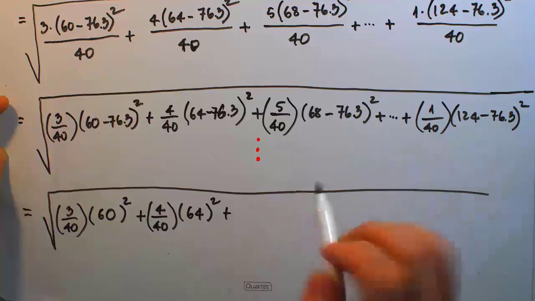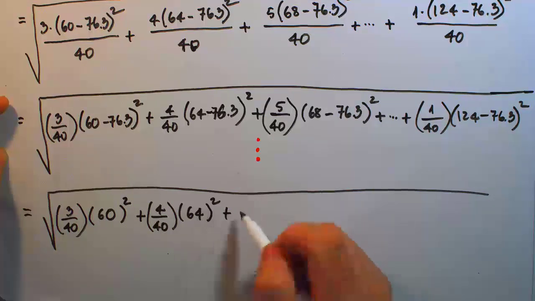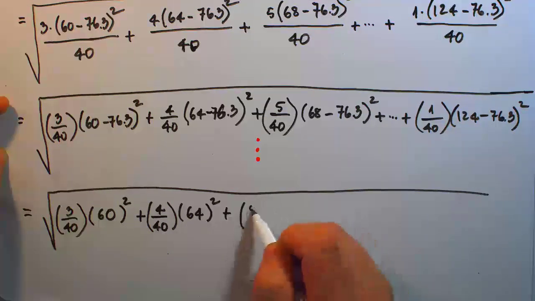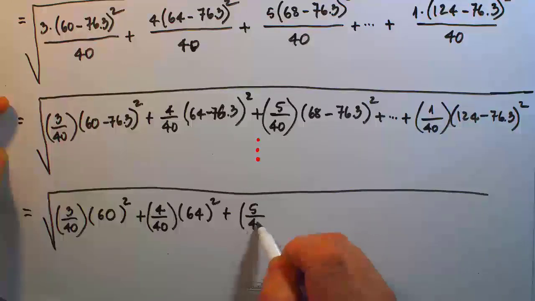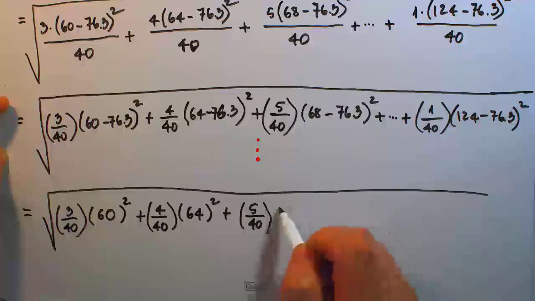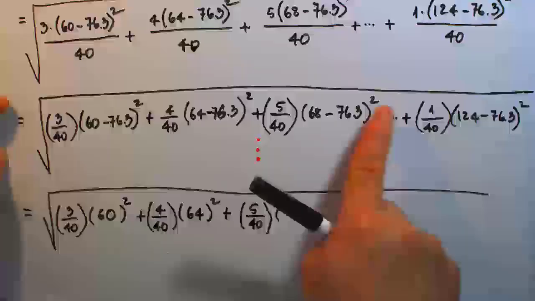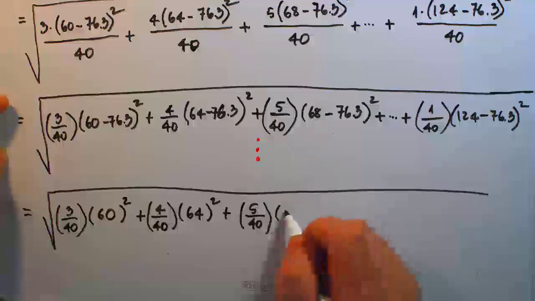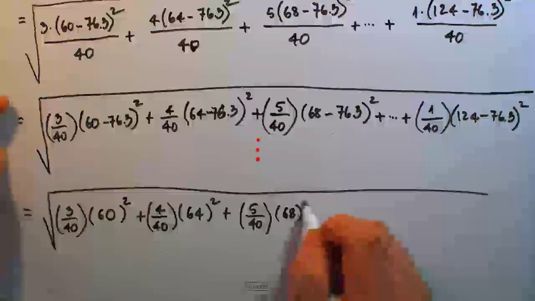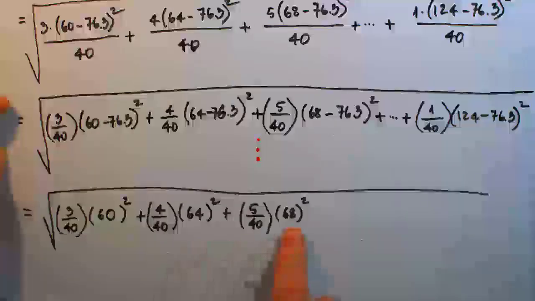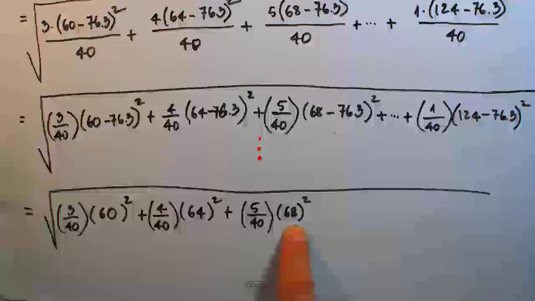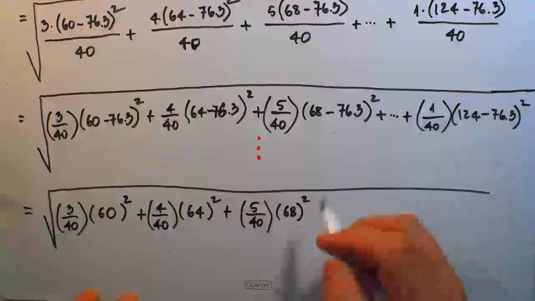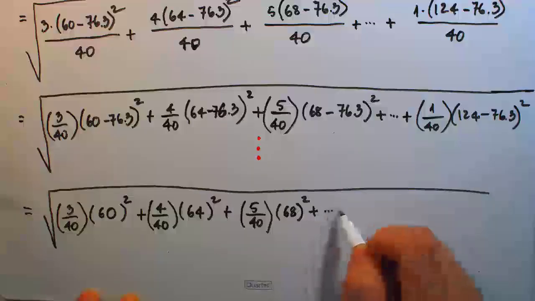Plus the next term, 5 out of 40 multiplied with the square of the difference between value and the mean, now reduces down to only 68 squared. So in any of the terms, we completely skip the subtraction of the mean value, and we keep adding all of these pairwise products.